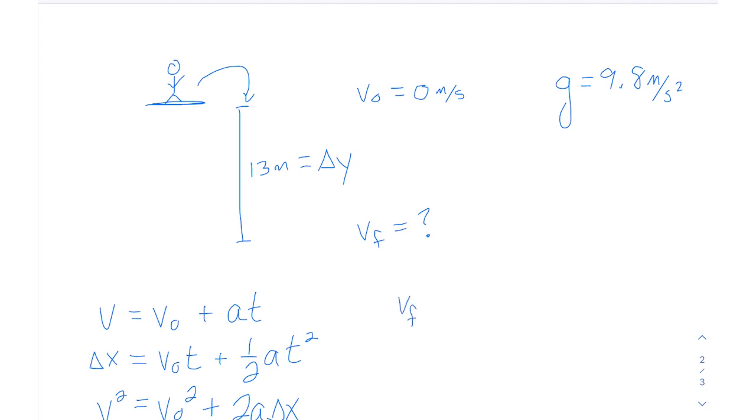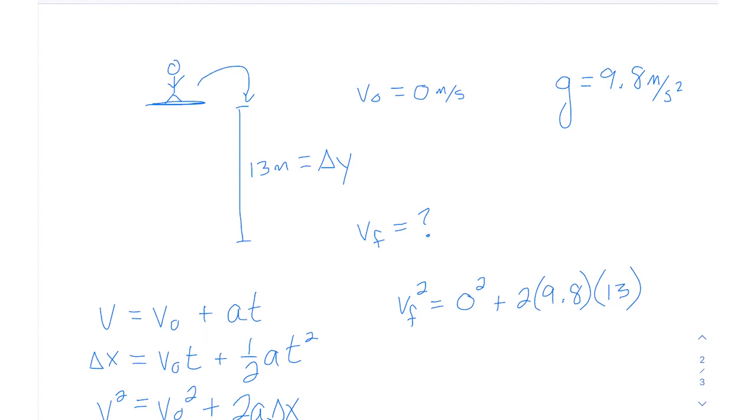So here we'll have v final squared equals our v initial, which was 0, squared, plus 2 times a, our acceleration due to gravity, which is 9.8, times delta y, which in this case was 13 meters.